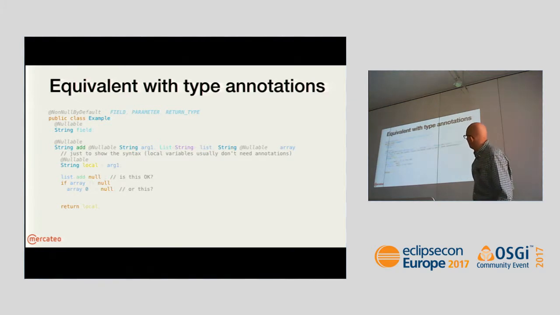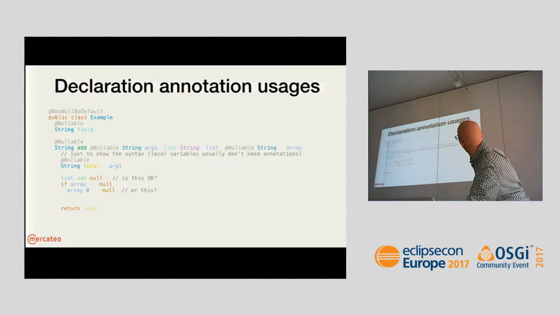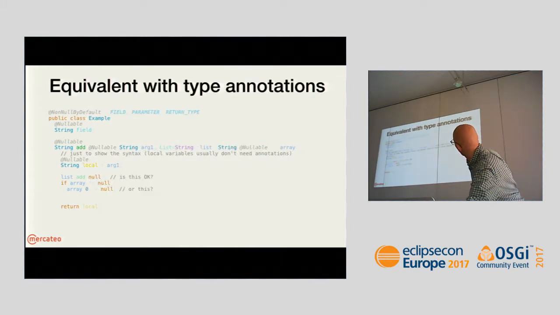Now, okay, I have to flip these slides. It's very similar and it's hardly readable. With type annotations, we now can reduce the scope of the non-null default to the same situation as previously. And there is a little change, because for type annotations, the nullable has to be in front of the array declaration, which you now cannot see here.